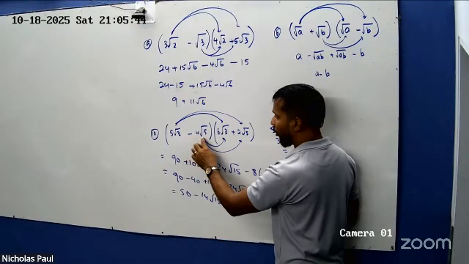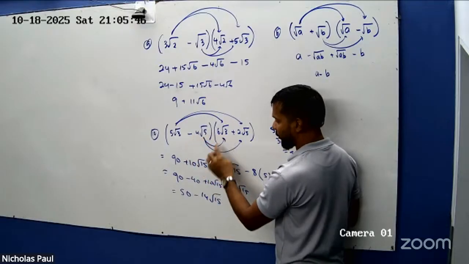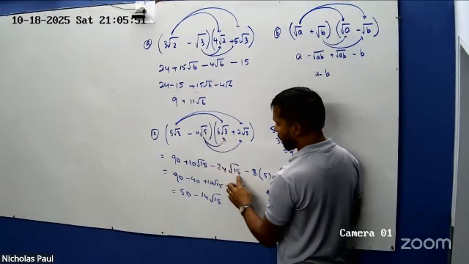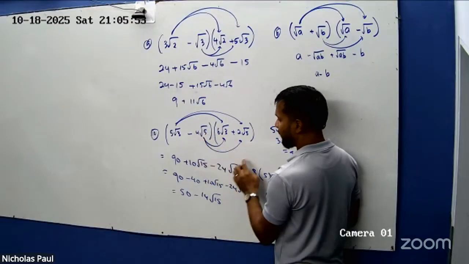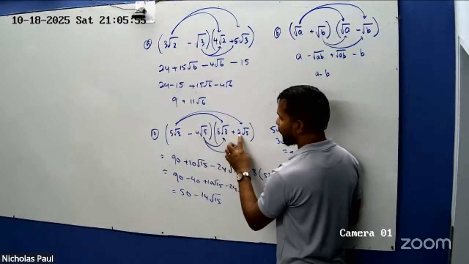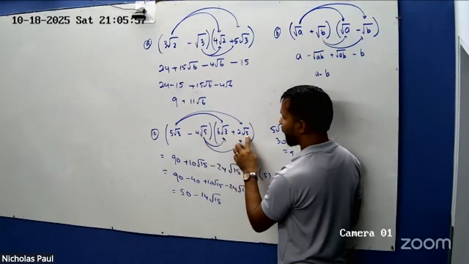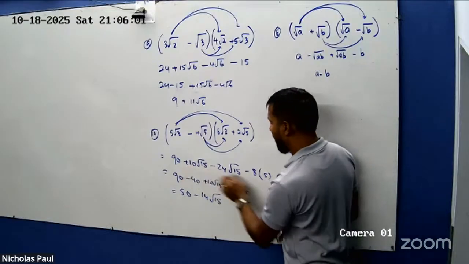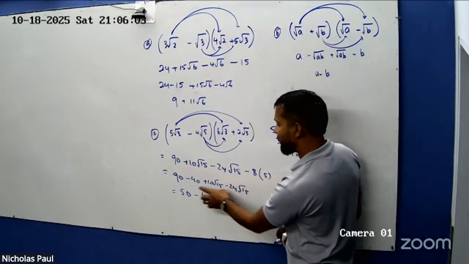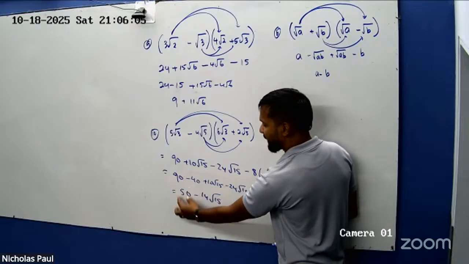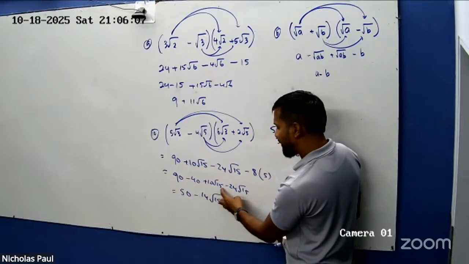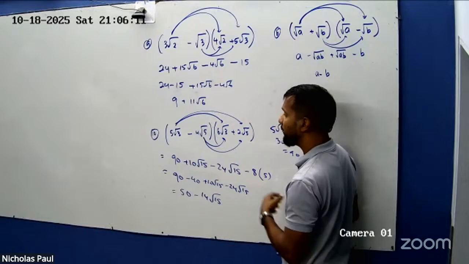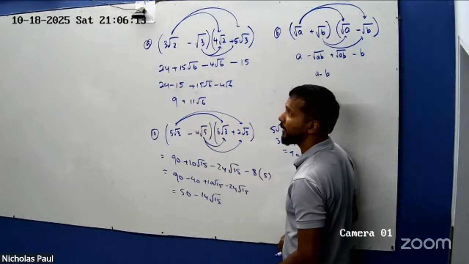Then 4 root 5 by 6 root 3. 4 by 6 is 24. Root 5 by root 3 is root 15. And I'm doing the same thing here. Minus 4 by 2 is 8. Root 5 by root 5 is 5. And then you work them out. 8 by 5 is 40. Bring the like terms together, I got 50. 10 minus 24 is minus 14. All right? So yeah, let's take your time and do it piece by piece.